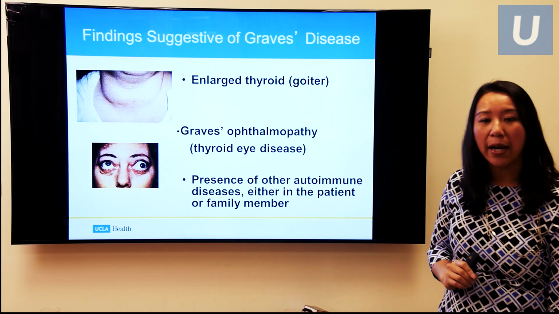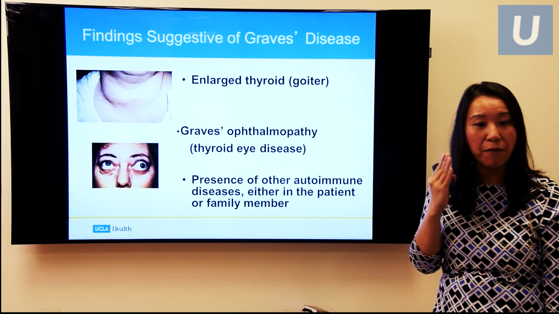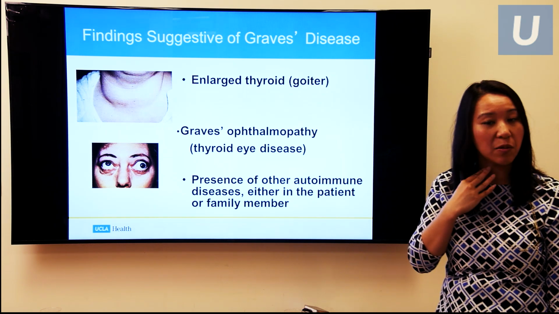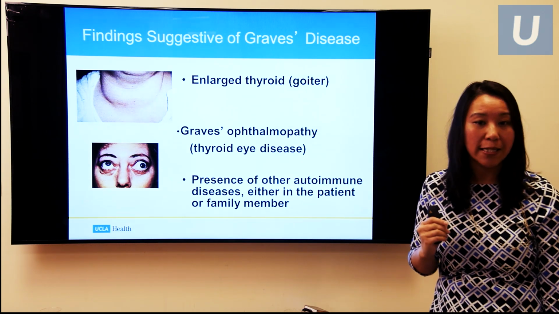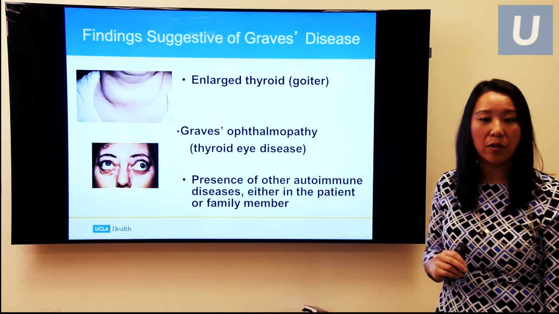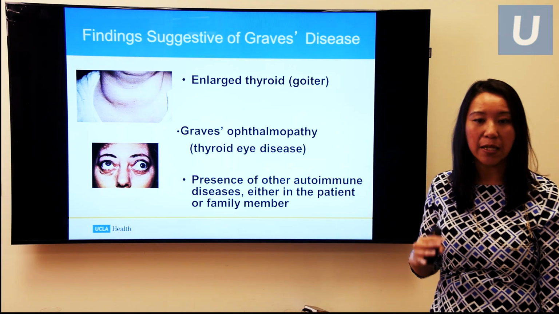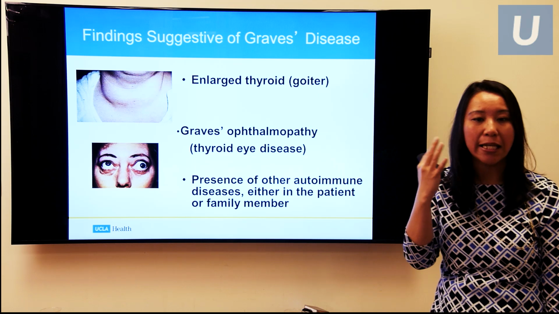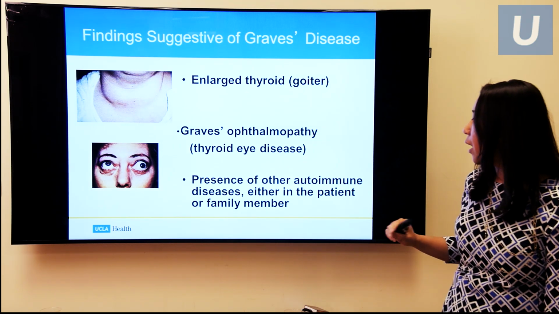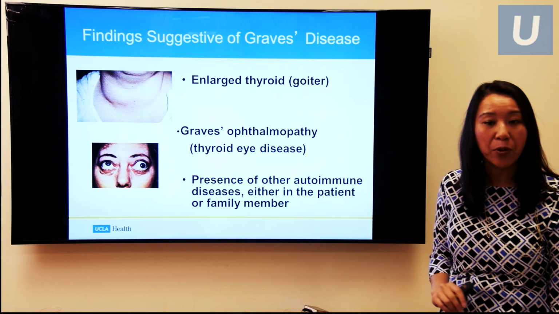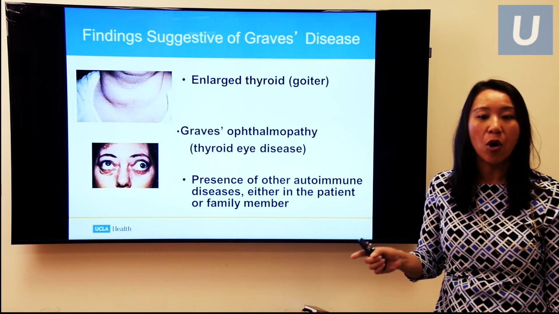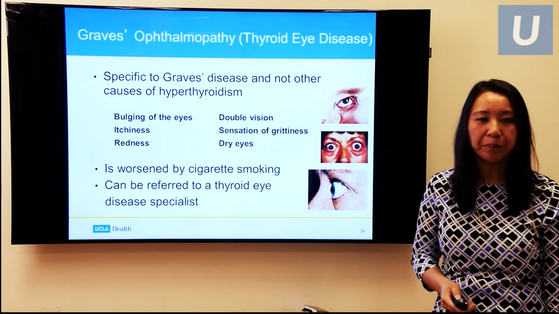Folks might also have eye disease involved in Graves' disease, and it's a result of those antibodies stimulating both the thyroid as well as the eye. So you might have those eye symptoms that I spoke about previously: the protrusion, the bulgy eyes, the itchy eyes, and so forth. And your doctor might also ask about the presence of other autoimmune diseases, either in yourself or a close family member.